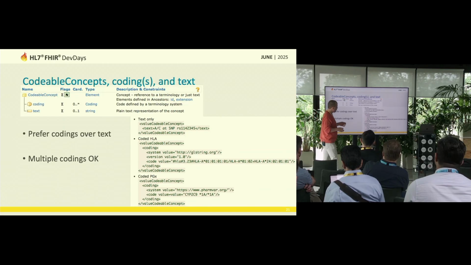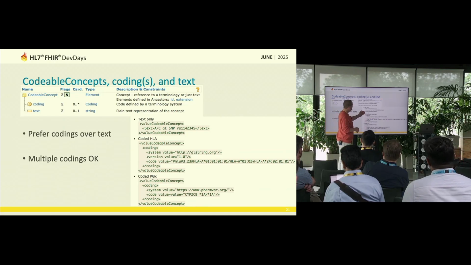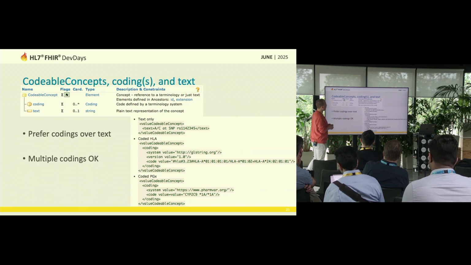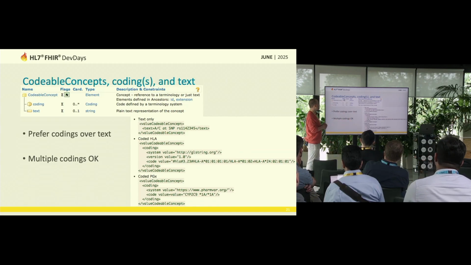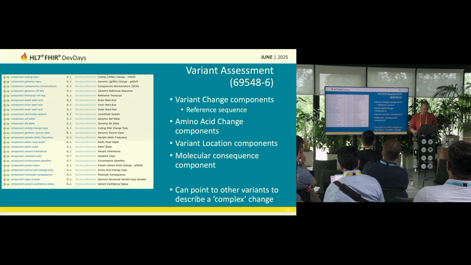We always try to say, please provide a coded representation of the data, because CDS and all of this machine learning really likes to have structured data, but there are still use cases where labs say, I can't do that. And the fallback for this is value codable concept text, where you can just put it into the text, but we're always encouraging people to use the correct encoding, not only text, but it's technically possible.